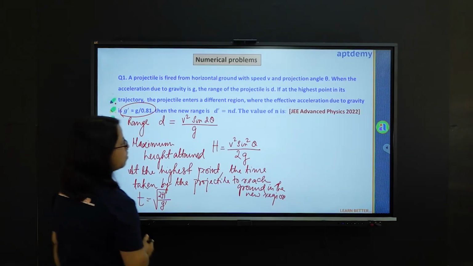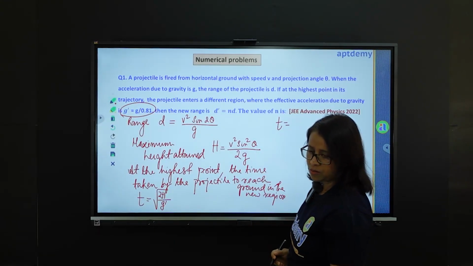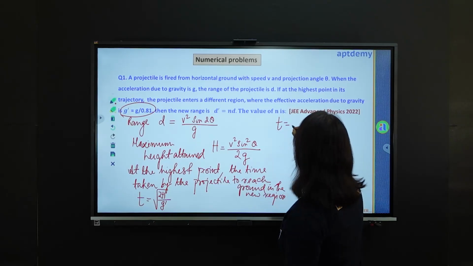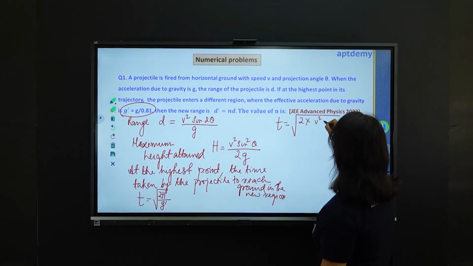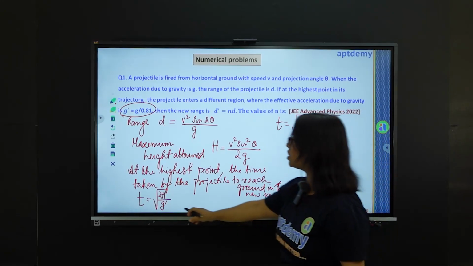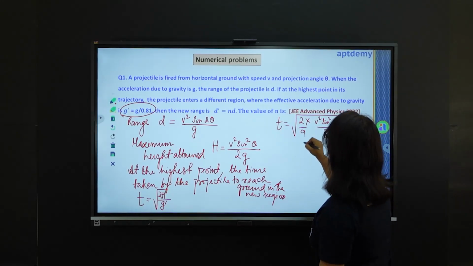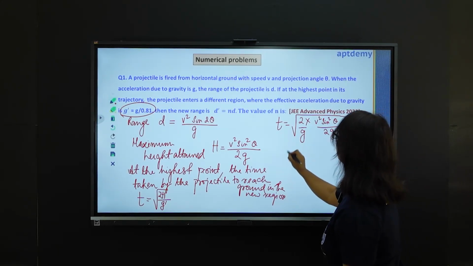Now let's substitute the value here. We have t equals root over 2h, h is given as v square sine square theta by 2g, and here we have g dash, which is nothing but g by 0.81. So the factor 0.81 comes in the numerator.